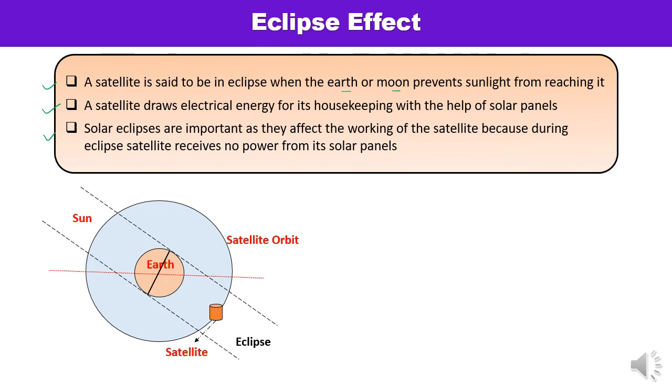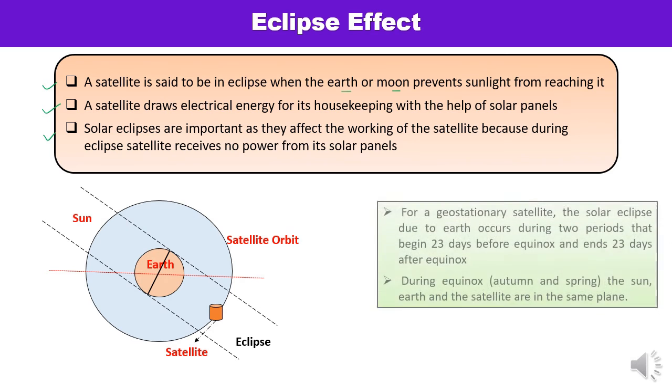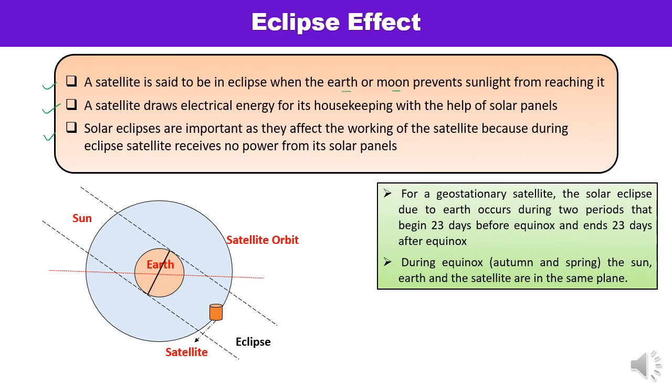In this diagram you can also see how this eclipse can happen and how it prevents the sunlight from reaching the satellite so that it can be utilized for other purposes. It means for a geostationary satellite, the solar eclipse due to Earth occurs during two periods.